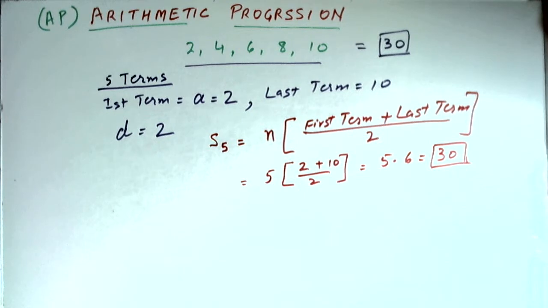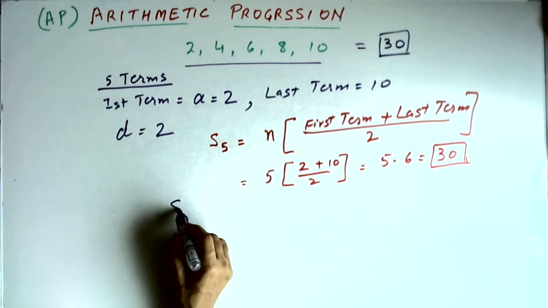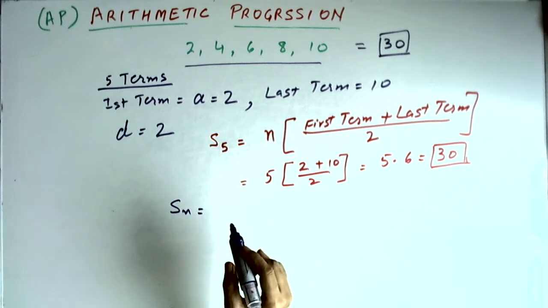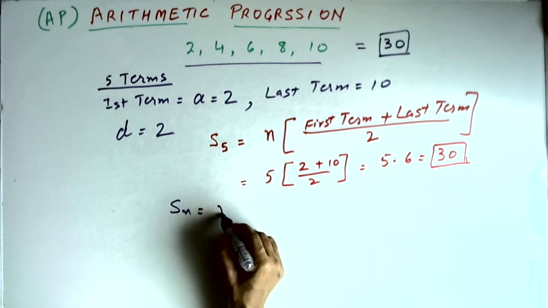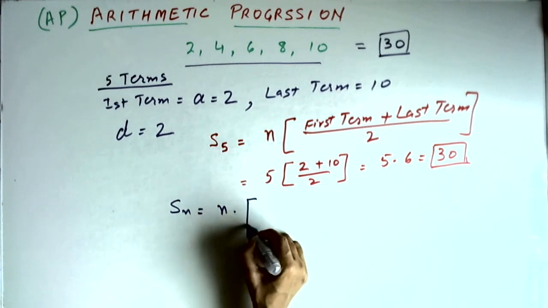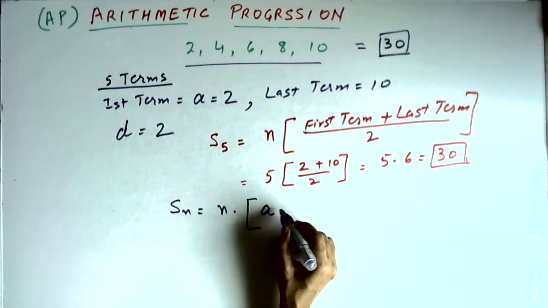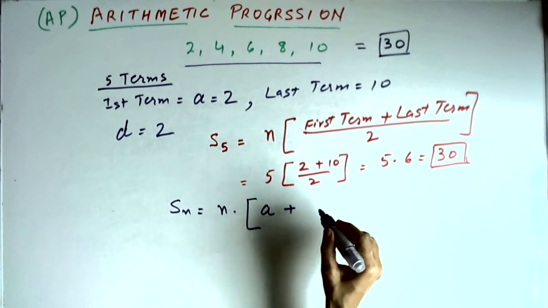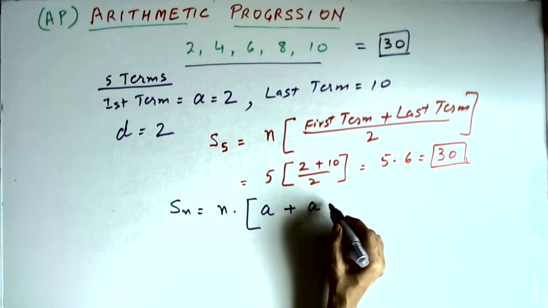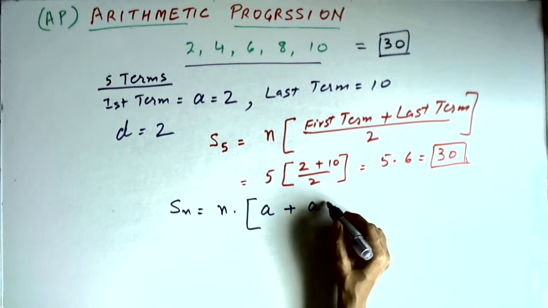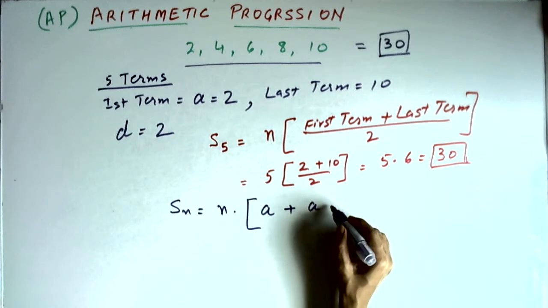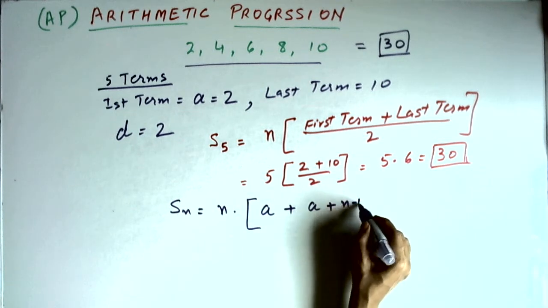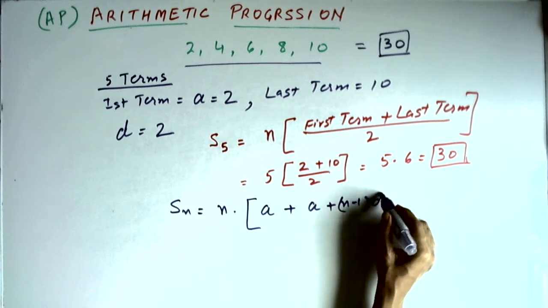So the basic formula is Sn equal to number of terms multiplied by first term, which is represented as a, plus the last term, or the nth term, which is written as a plus n minus 1 into d.